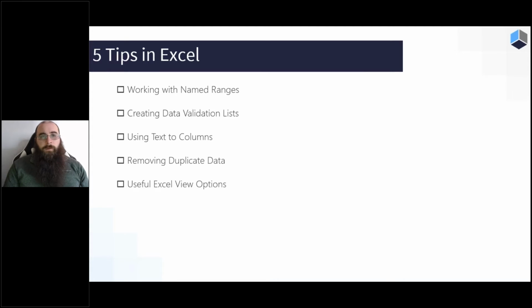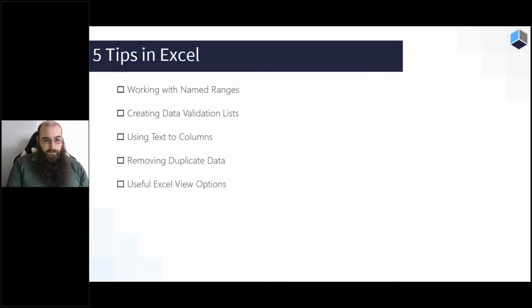And finally, I've got a few useful Excel options for you that I think you might find handy. Again, anytime we have left over, once we get through all these topics, will be Q&A, and you are welcome to type those questions in chat. But these are just some tips that I think you might find some use for in the Excel program, tips or features that I think everybody should at least be aware of. So let's go ahead and get started.